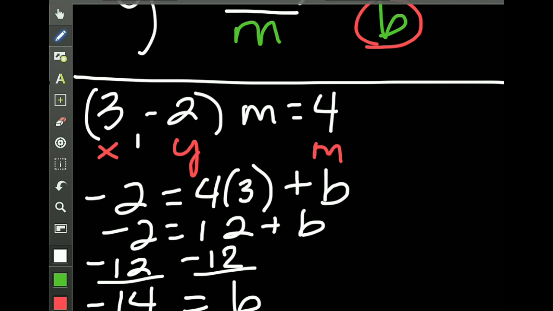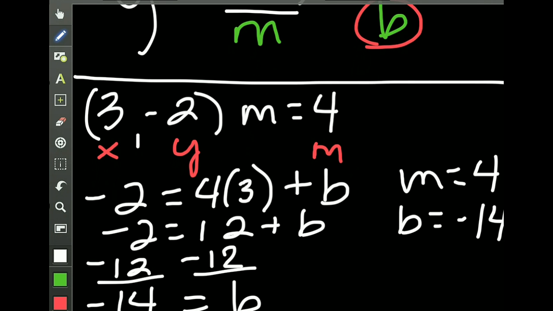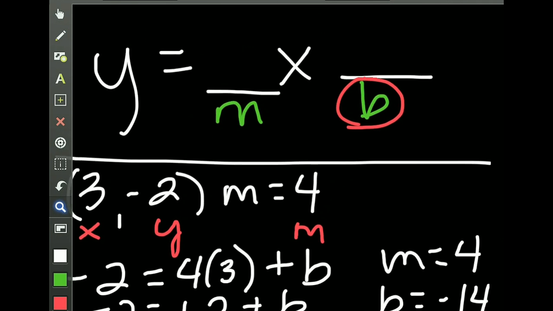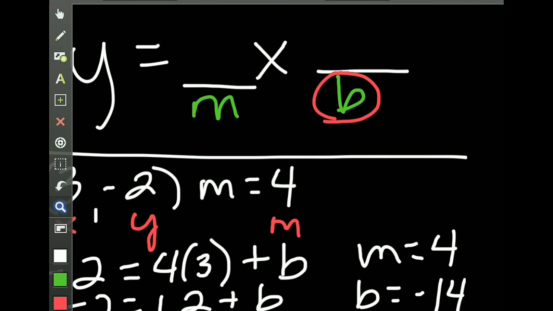Now do you have a value for M? Yes, we already knew that. M equals 4, and B equals -14. Where do I plug in those two values? Into the equation. So our equation then is y equals 4x minus 14.